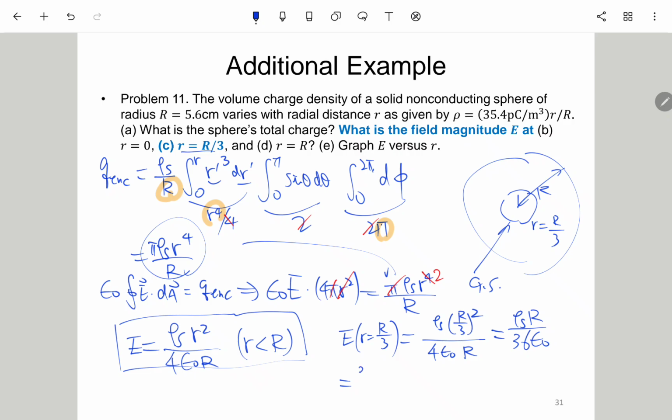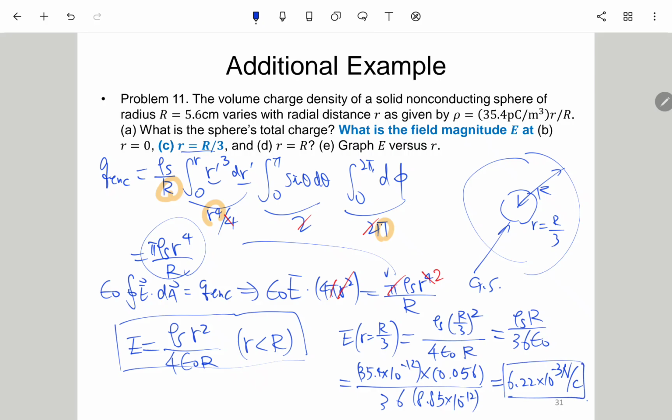Rho S is 35.4 times 10 to negative 12, times 0.056, over 36 times epsilon naught, which is 8.85 times 10 to negative 12. So this turns out to be 6.22 times 10 to negative 3 Newton per Coulomb. Okay, so in such a way we can calculate the E field at r equals capital R over 3.